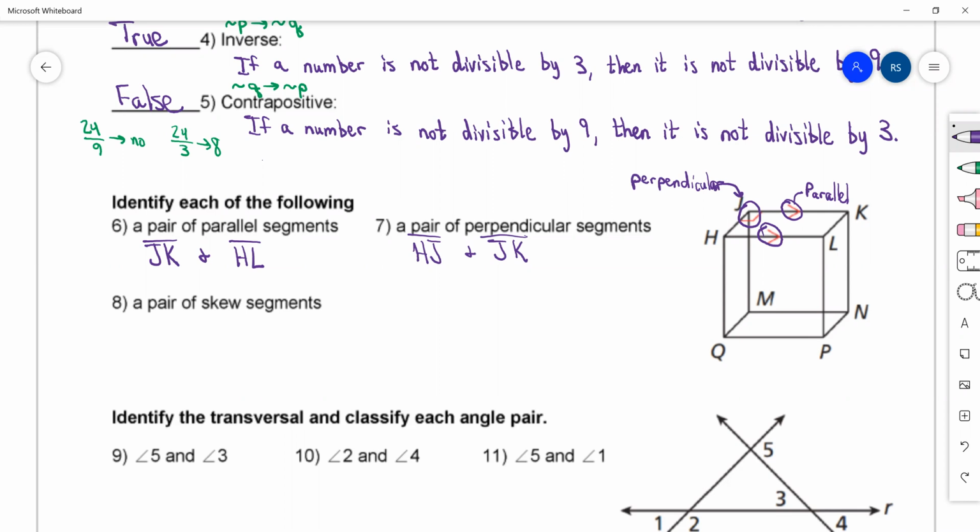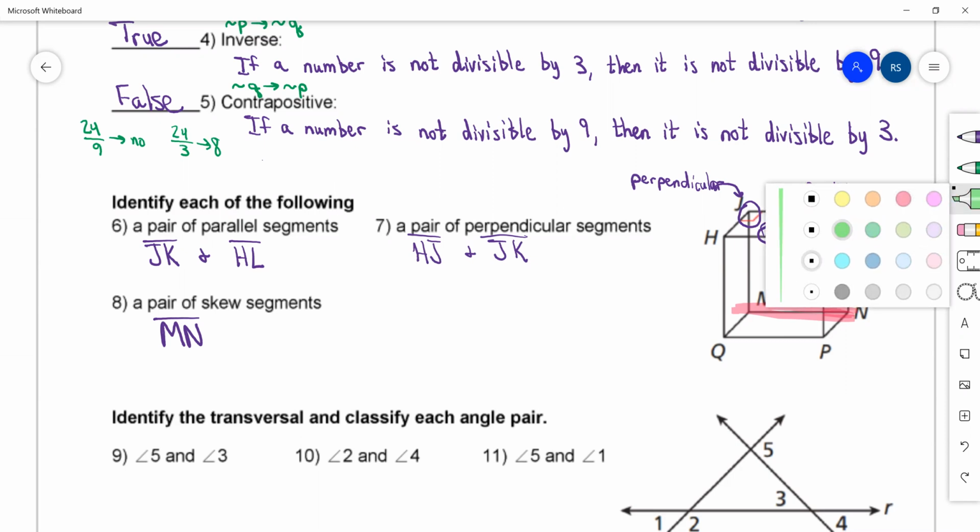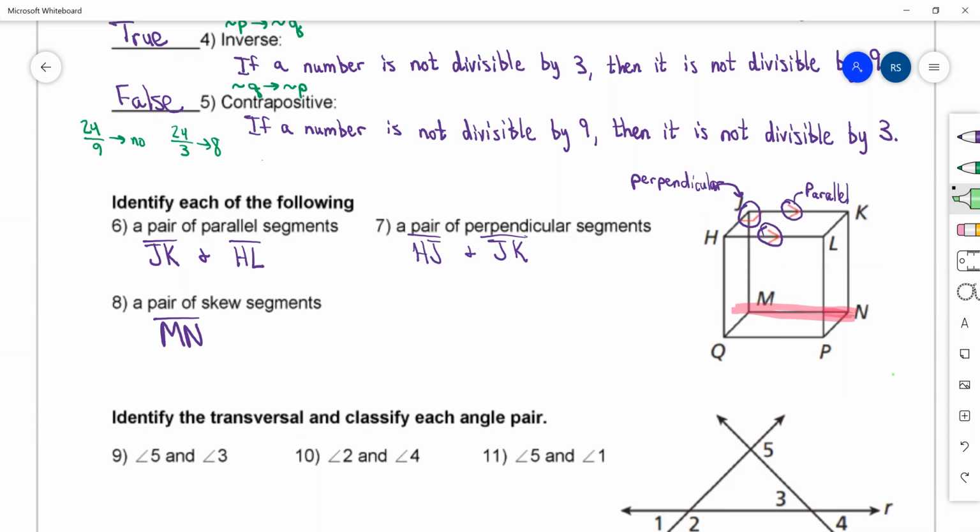So one that we could say, if I used MN, we haven't used the M or N, so let's say MN. Then one that would be skew to it, we can't use anything else on the bottom.